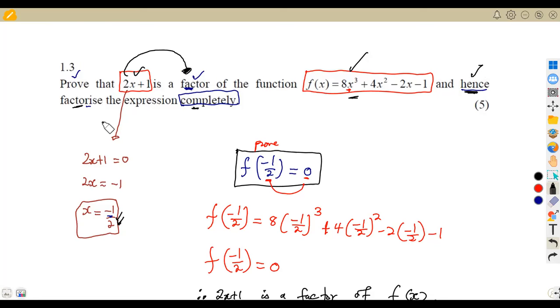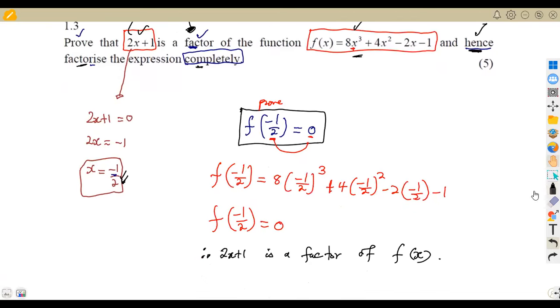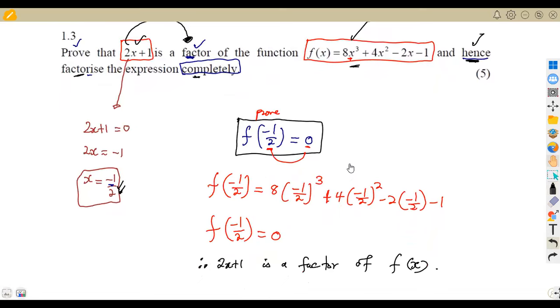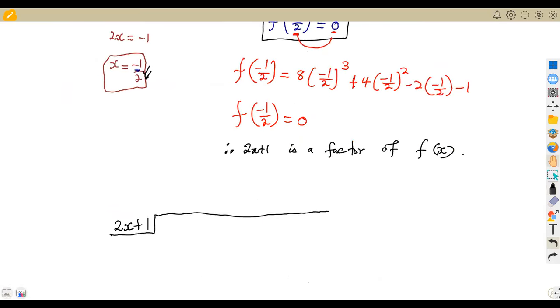So once it's a factor, then we can divide by it directly. Yeah, we use the long division. So here we're going to have 8x cubed plus 4x squared and so forth. So here 8x cubed plus 4x squared plus what?